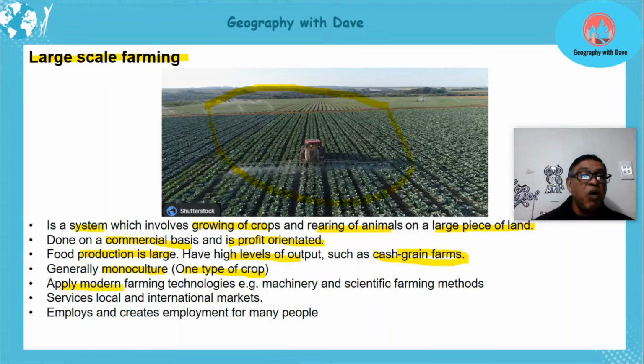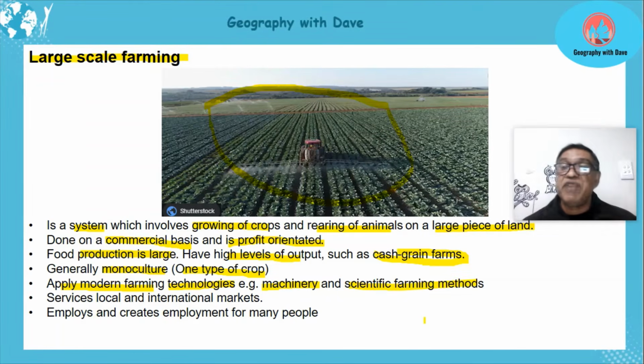They apply modern farming technologies in order to increase the output. Example, using machinery, harvesters and whatever, and scientific methods, farming methods, which will cut down the effect of climatic conditions, of frost, frost can be dangerous, of various other pests and things like that.